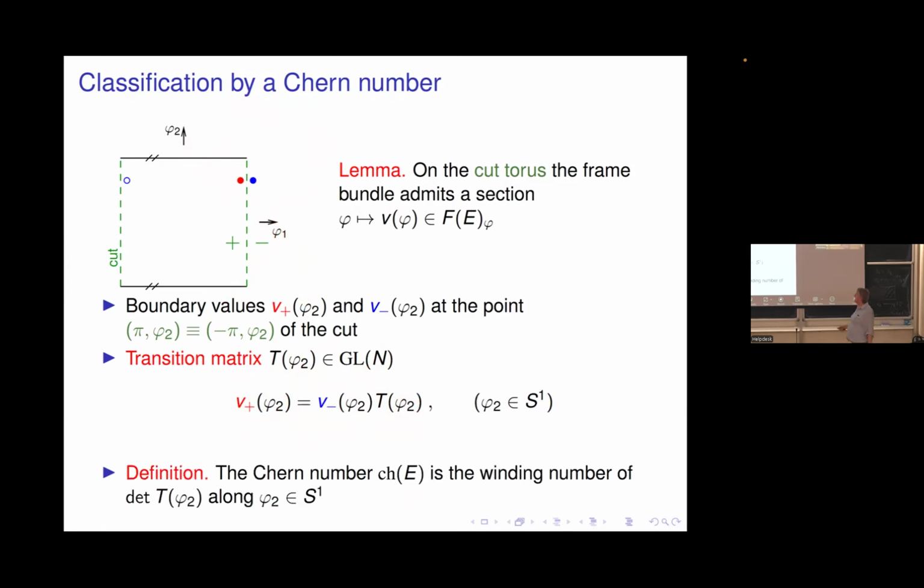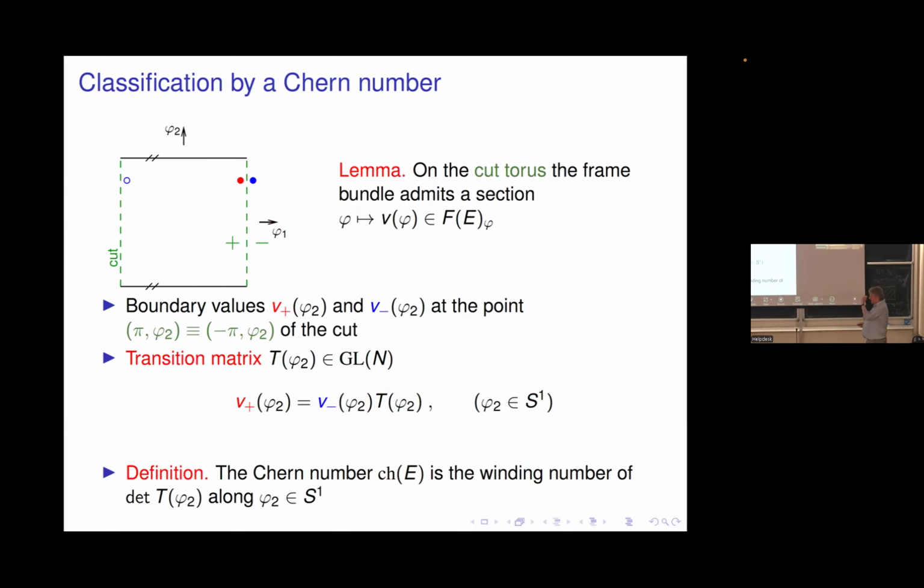And so here's a definition. The Chern number of this vector bundle E, one of the possible definitions, not the one we use most, is the winding number of the determinant of the matrix T of phi 2 when you run along this circle. It might have a winding number, and that's the Chern number.